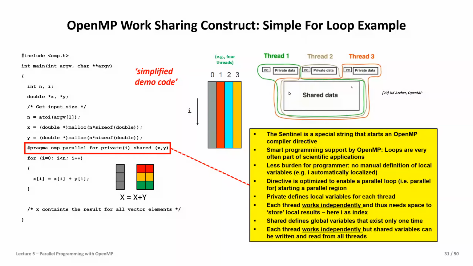And with this, it means that this private data would be now the i in this example, think about it. Thread 1 takes maybe care of the 0 index. Thread 2 takes care of the 1 index, and thread 3 of the 2 index. And this is incorporated in the private data, while the shared data will be the overall array.